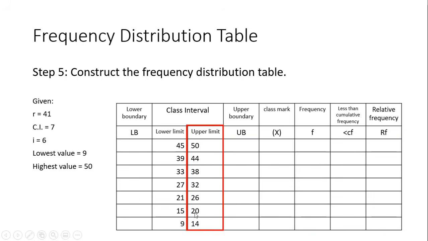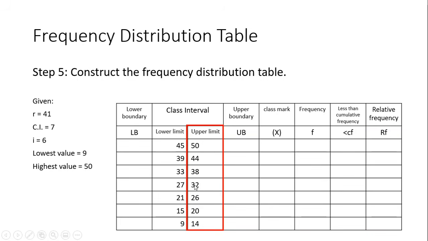Followed by this one, we have 21 plus 6, that's 27, minus 1, you will be getting 26. And then same here. How have we identified 32? We have 27 plus 6, that's 33, minus 1, it's 32.